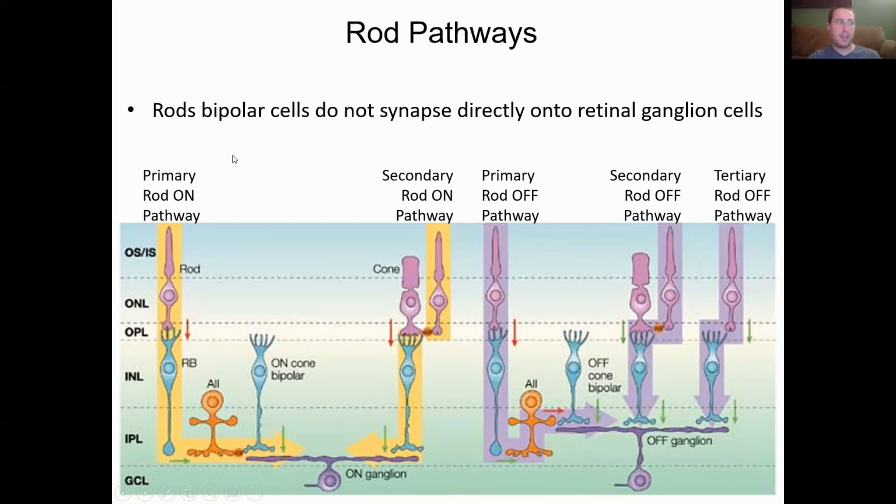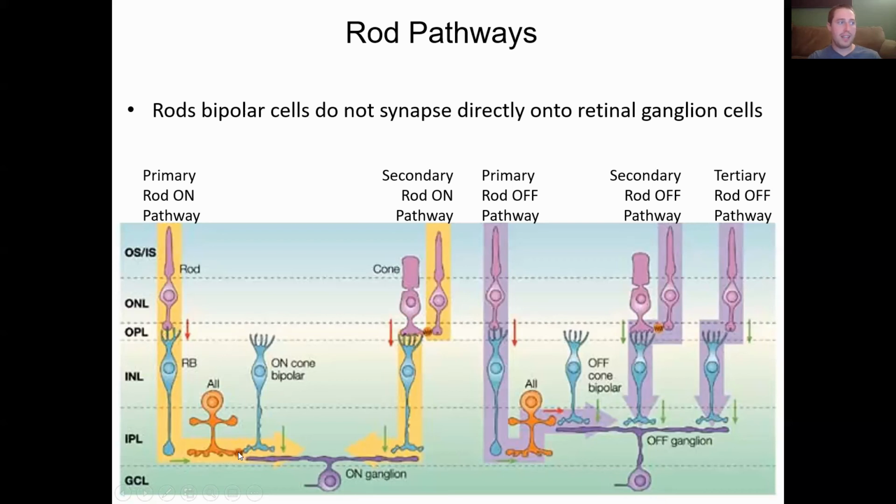The primary way they do this is the rods excite the rod bipolar cells. The rod bipolar cell then releases glutamate onto an A2 amacrine cell. This is a very narrow field amacrine cell, so it extends a little bit laterally. And so this A2 amacrine cell is then excited, is depolarized when light turns on.